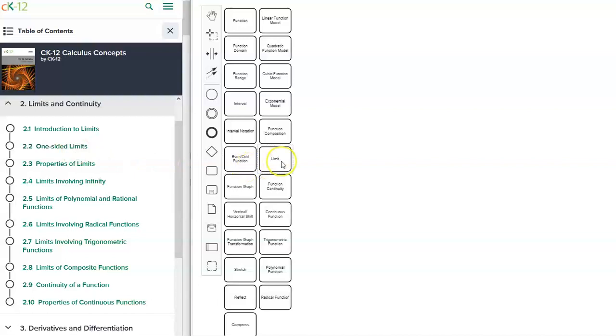We have limits. There's our limit. But it looks like there's one-sided limits. And everything has a property to it. So limit and its properties. I'm going to skip properties. Limits involving infinity. So we have polynomial function, rational function. Oh, there's radical function and rational function. There we go. What is rational?